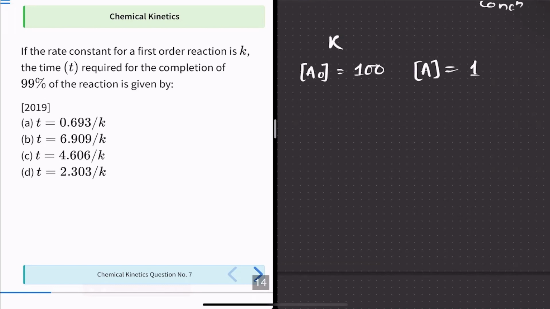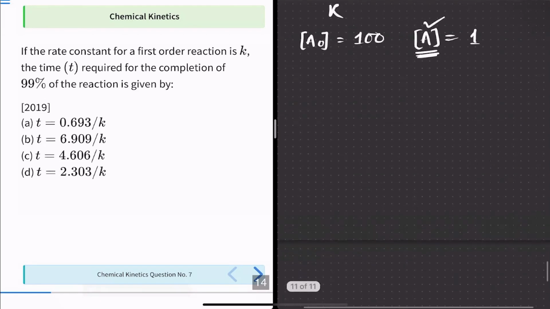Many students put the A value as 99. They do not understand that it is the completed portion. But we have to calculate by taking the remaining portion, that is A is equal to 1. So let's put the formula.